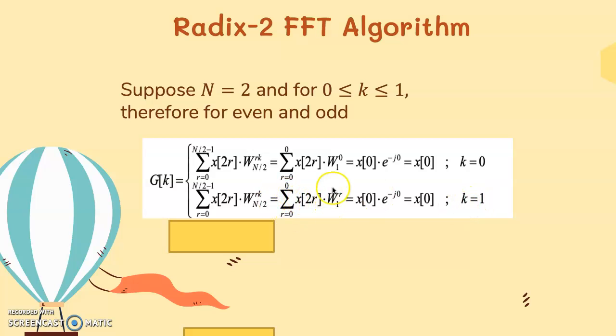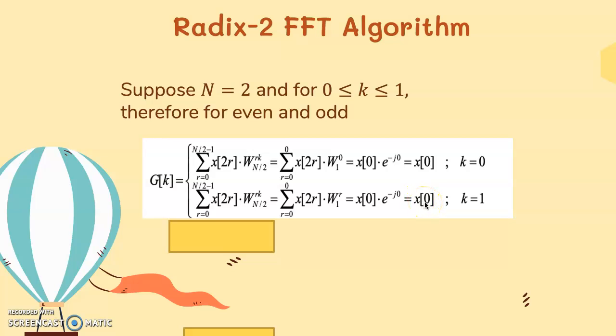Now at k equals 1, r is 0 as well. So x[2r], here this one is r, remember, this one is k, right? So with N/2 equal to 1 and k equal to 1, it becomes x[0] e to the power of minus j0 as well.